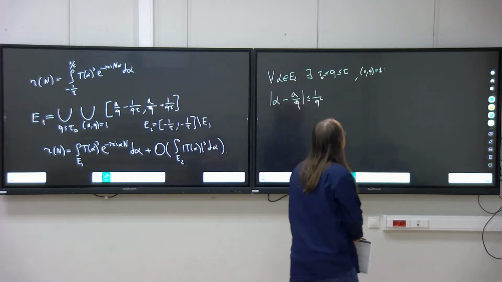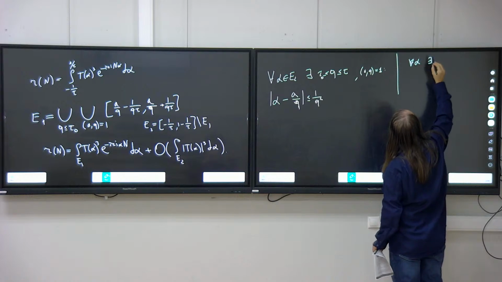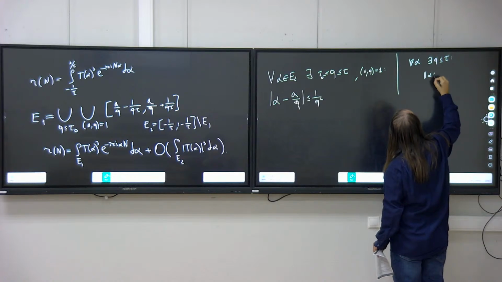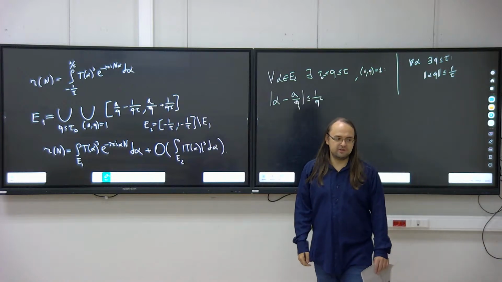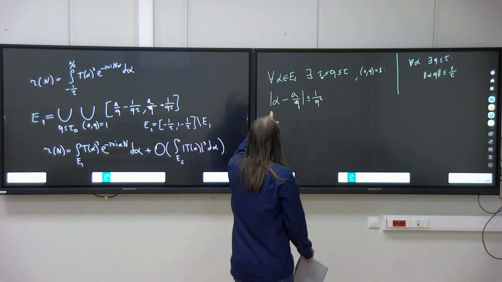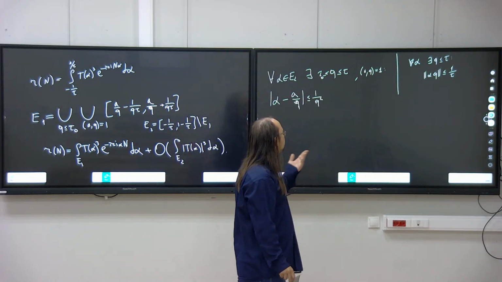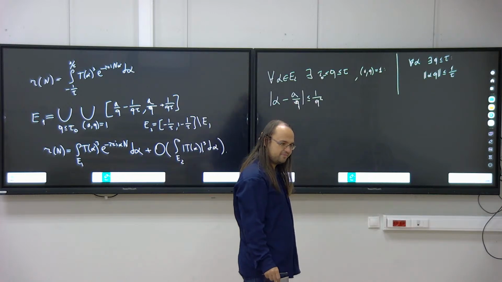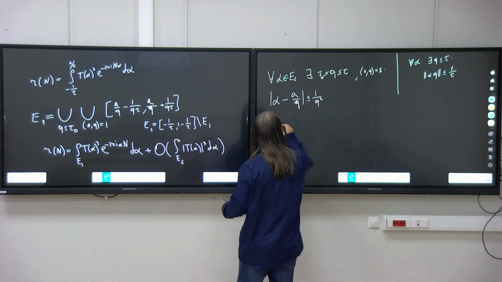The Dirichlet approximation theorem gives you that for any alpha, there is a q below tau such that the distance from alpha q to the nearest integer is at most 1 over tau. And since your alpha is not in E1, this means that this q is between tau naught and tau. And so you get this bound. This is the Dirichlet approximation. Now what?